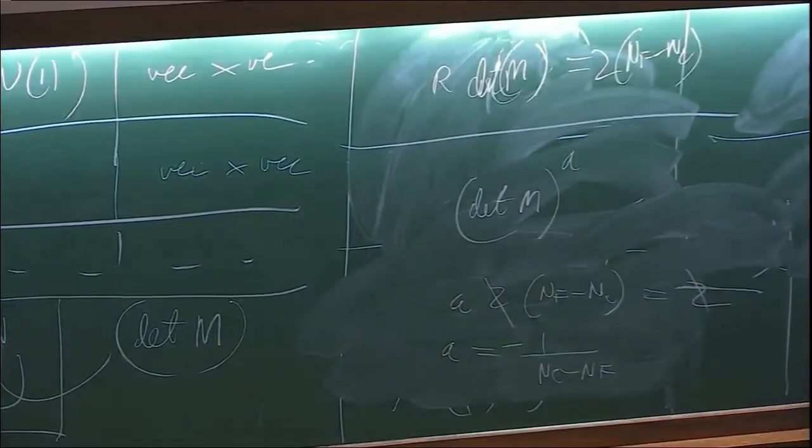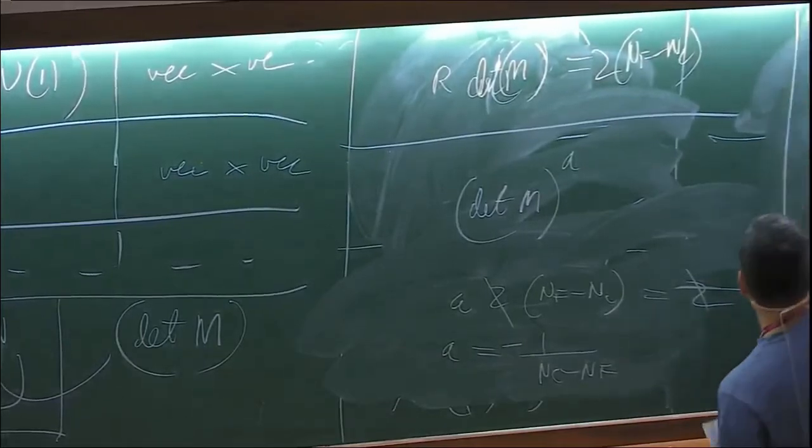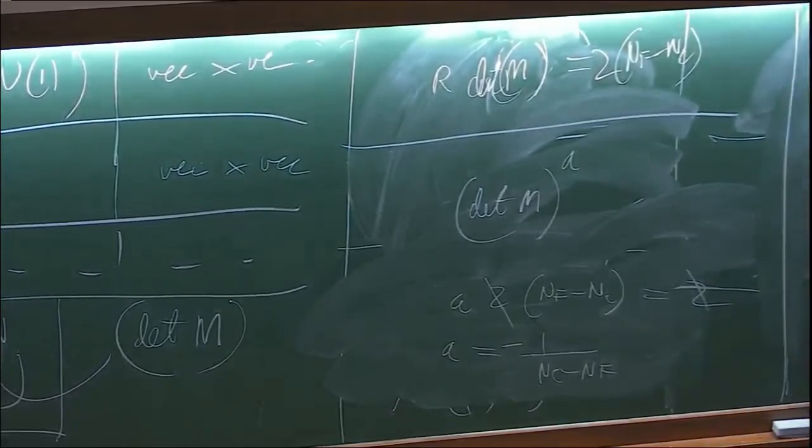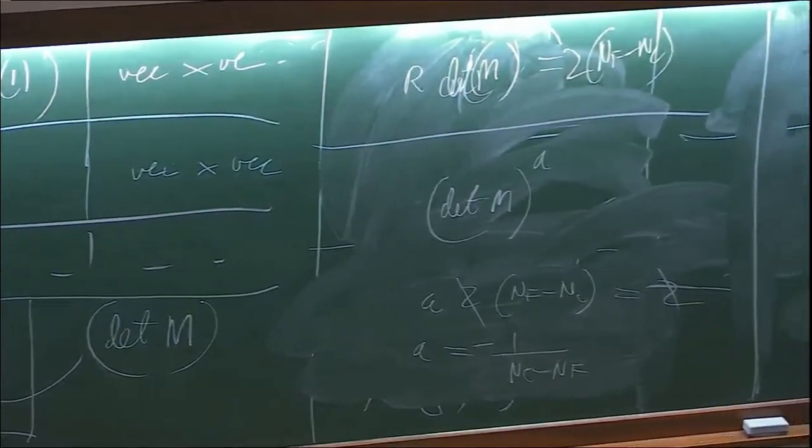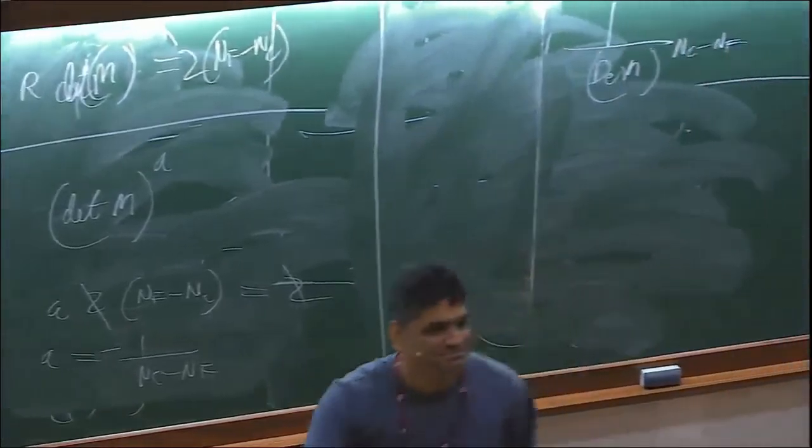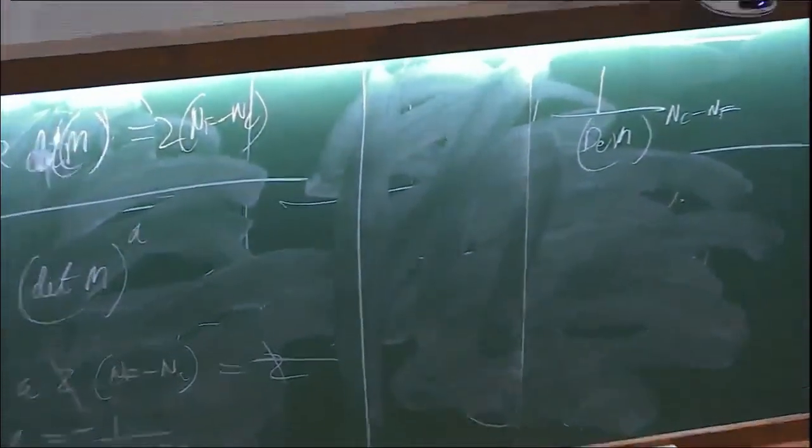And so we get that the dynamics of our theory has a superpotential of the form determinant of M to the power 1 over (NC minus NF).